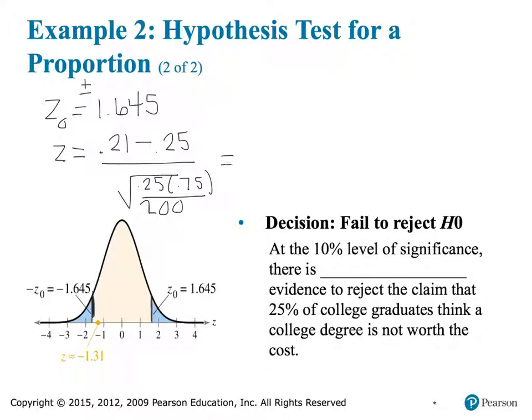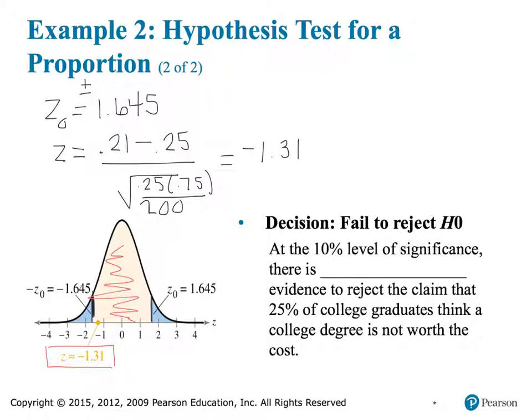And when you compute that, do this with me to make sure you do in fact get the same value I do. You should get negative 1.31. Well, negative 1.31 you can see is marked down here in gold. It is not in the rejection region. It's close, but it's not there. It is in the non-rejection region.